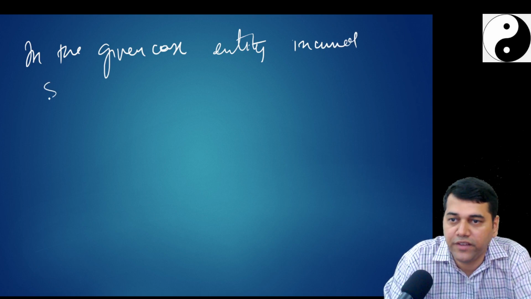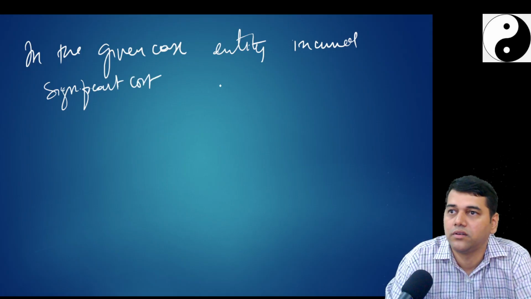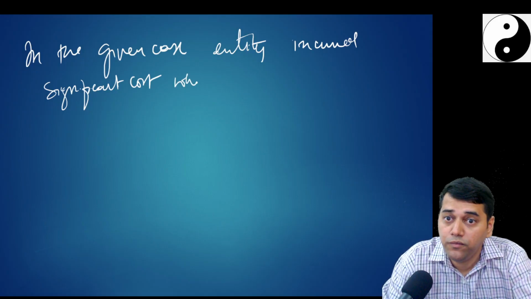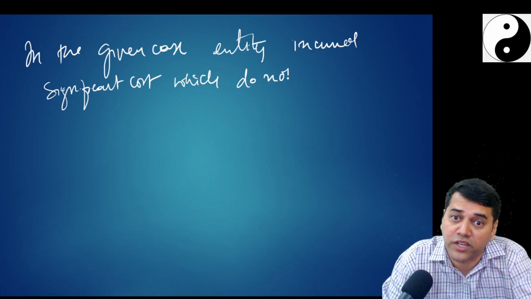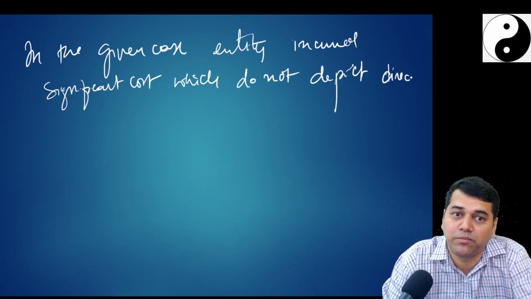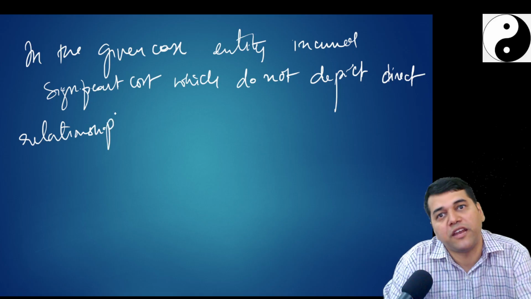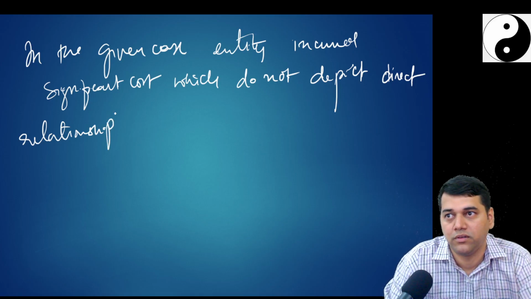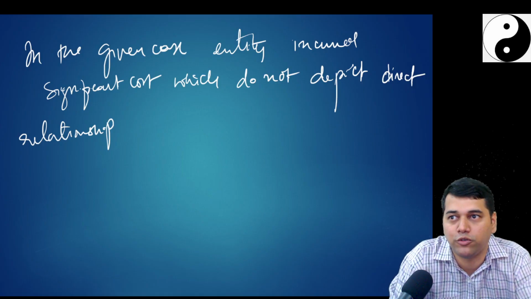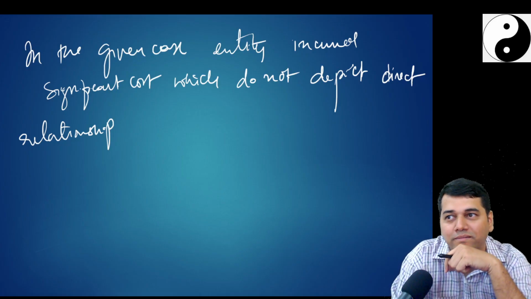incurred significant cost. Did it incur significant cost? 15 lakhs, which do not depict a direct relationship. If you are a manufacturer of lift also and renovator also, then this exception does not apply to you, because you would have loaded a profit margin on that lift also.